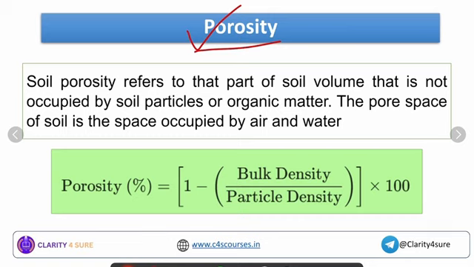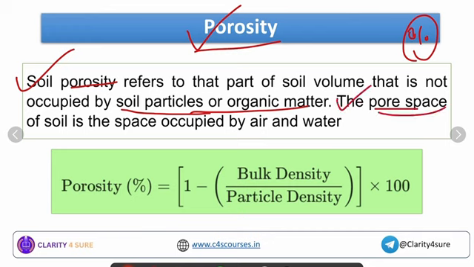The next concept here is porosity. Porosity is the percentage of pore spaces present in the soil. It will help us identify the percentage of porosity and achieve the optimum. Soil porosity refers to that part of the soil volume not occupied by soil particles or organic particles, but occupied by pore spaces, meaning air and water.